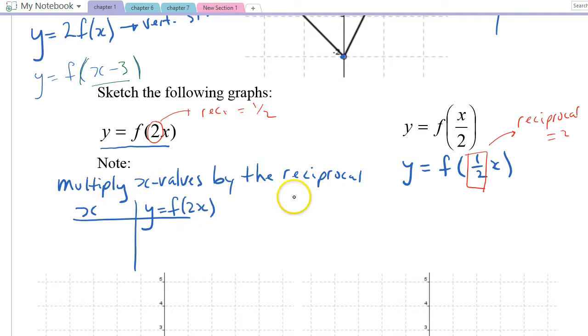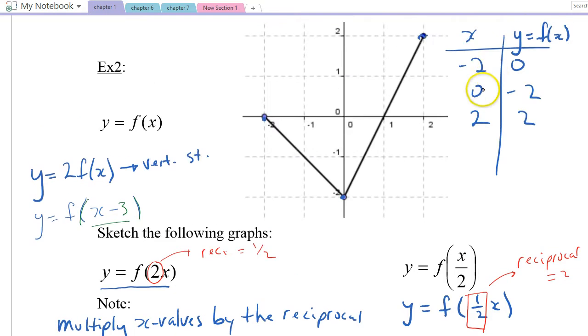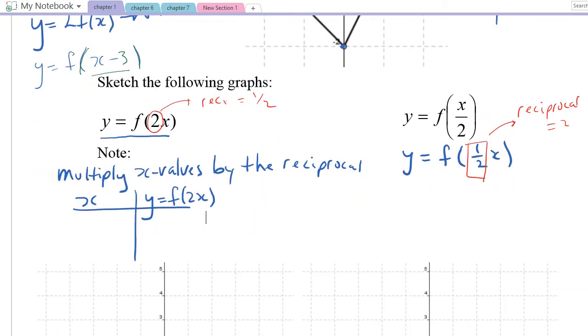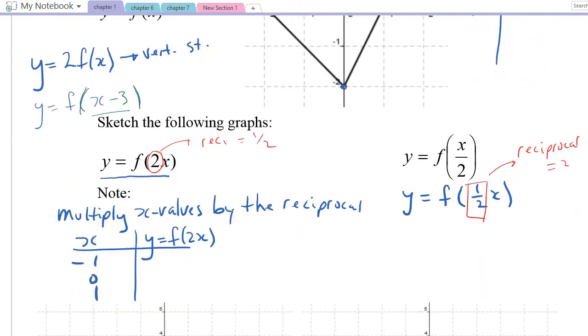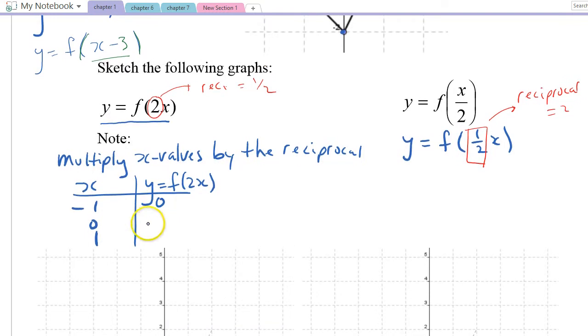I'm going to multiply my x values, in this case all by a half. So instead of -2, 0, 2, I'll have -1, 0, 1. But my y values of 0, -2, and 2 stay the same.